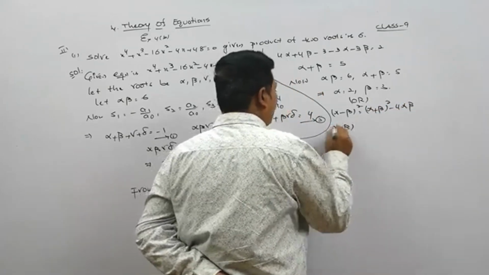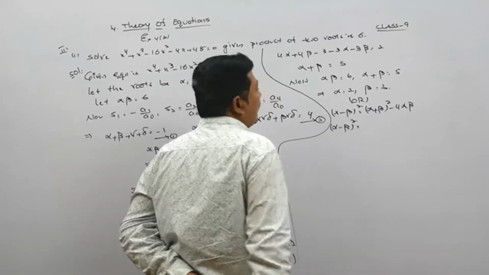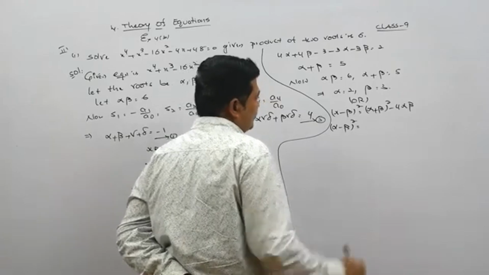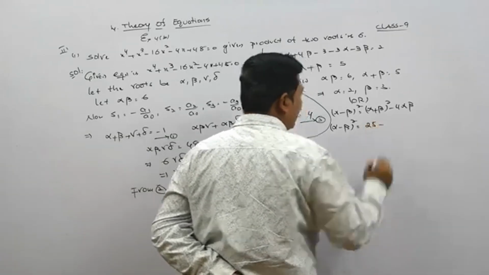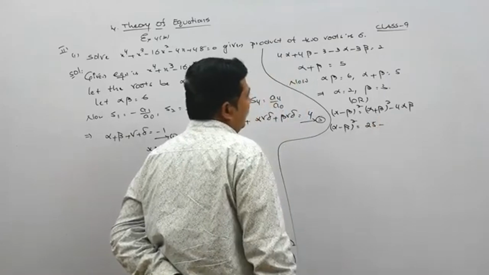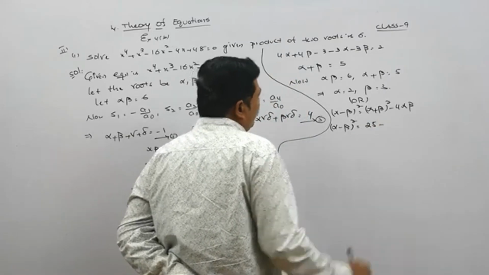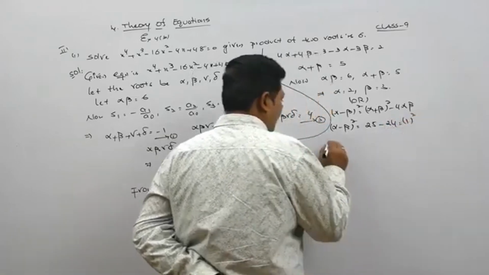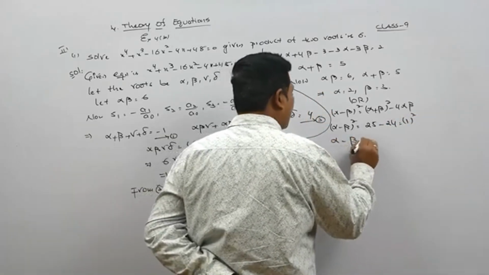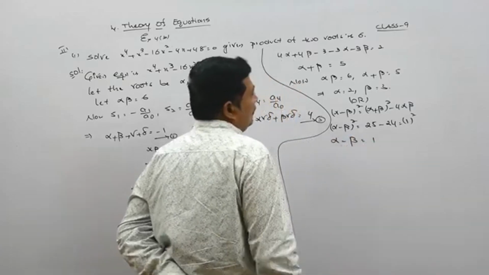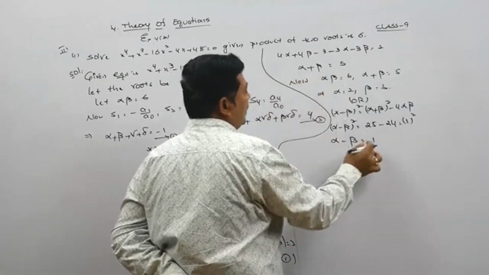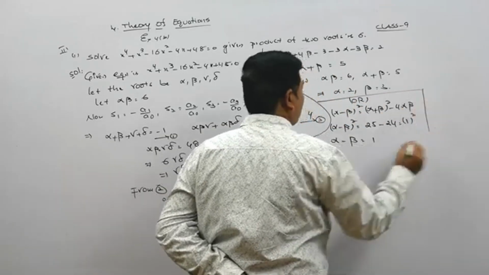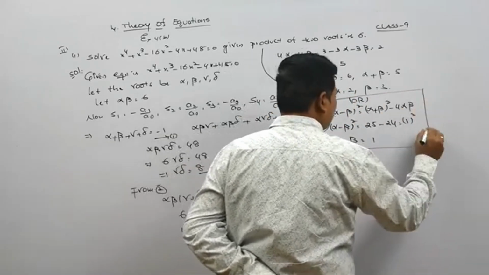Alpha minus beta whole square is equal to 5 square, which is 25, minus 4 alpha beta, 4 into 6 is 24. So 1 can be written as 1 square, and hence alpha minus beta is equal to 1. Now adding alpha plus beta and alpha minus beta, again you get alpha is equal to 2 as well as beta is equal to 3.